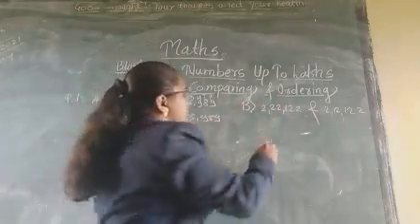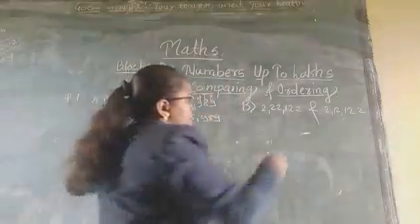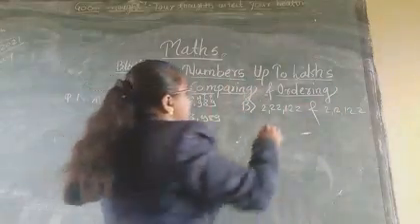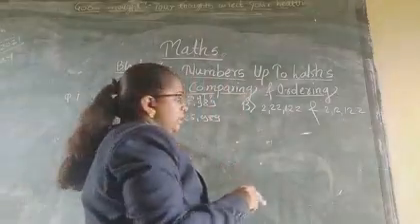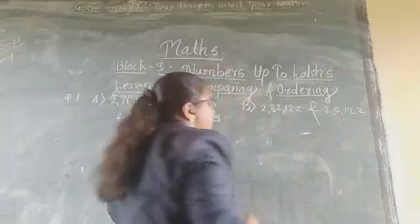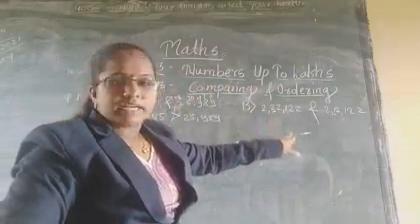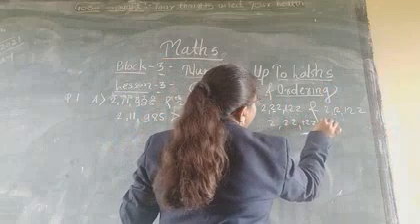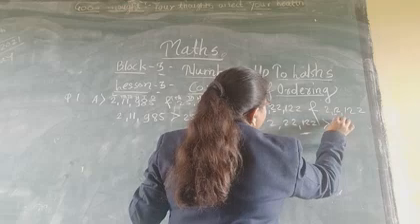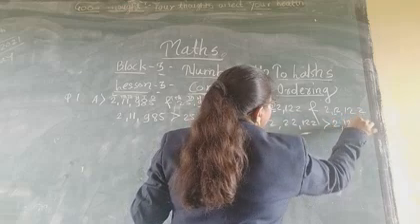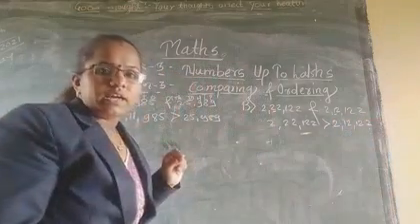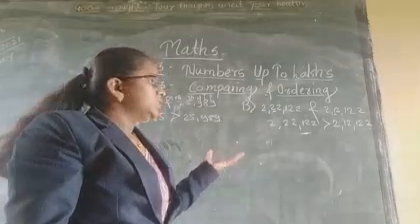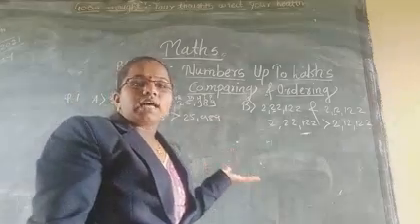The ones place is the same, the tens place is the same, the hundreds place is the same, the thousands place is the same, but the ten thousands place is different. Here 2 is greater than 1. Therefore 2,22,122 is greater than 2,12,122. Understand how we compare the numbers? Any objection or queries about this? If you have queries about this lesson or this question, please ask.